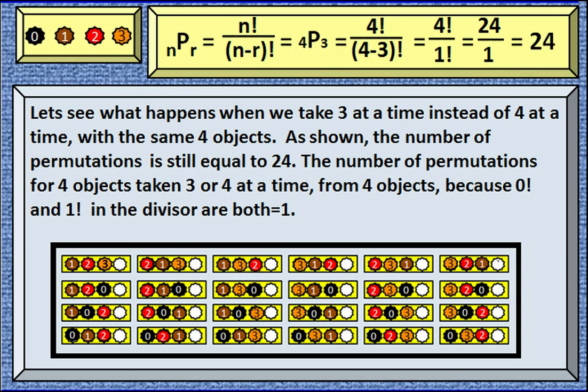Let's see what happens when we take 3 at a time instead of 4 at a time with the same 4 objects. As shown, the number of permutations is still equal to 24. The number of permutations for 4 objects taken 3 or 4 at a time from 4 objects is always the same because 0 factorial and 1 factorial in the divisor are both equal to 1.